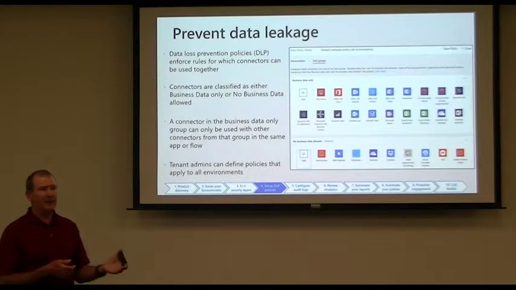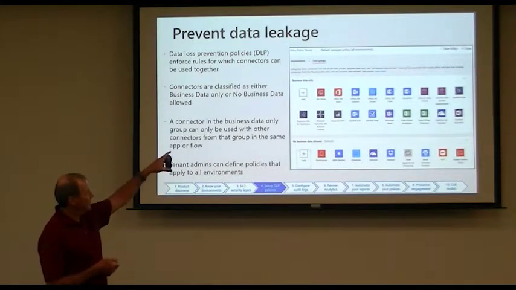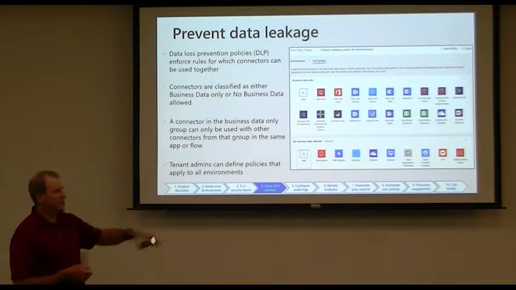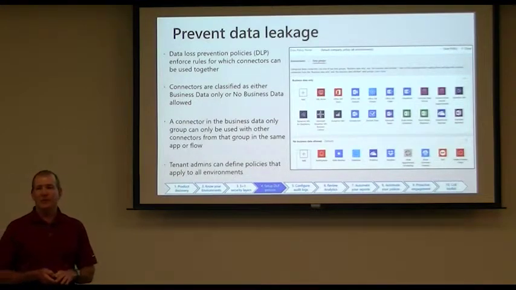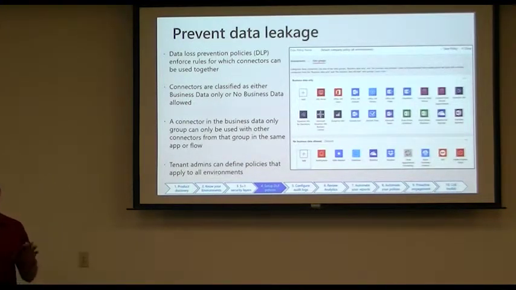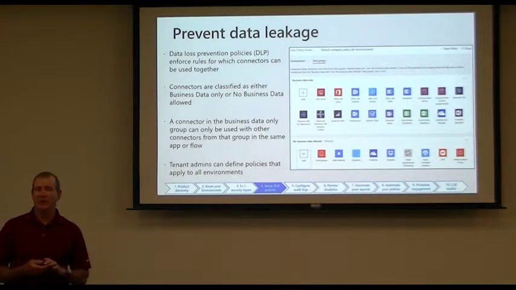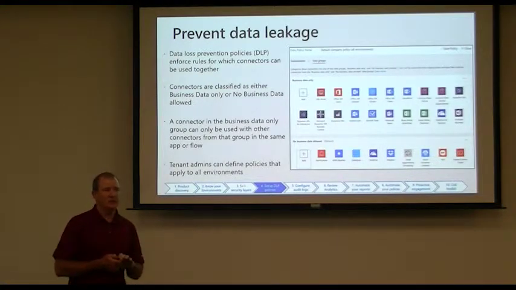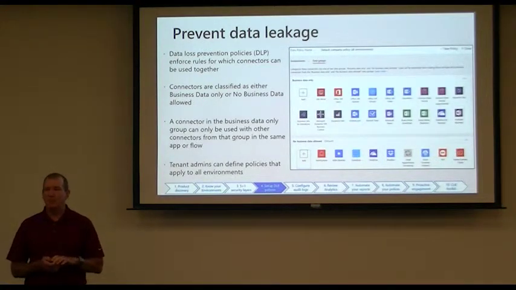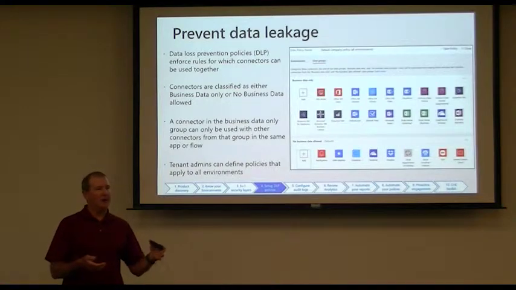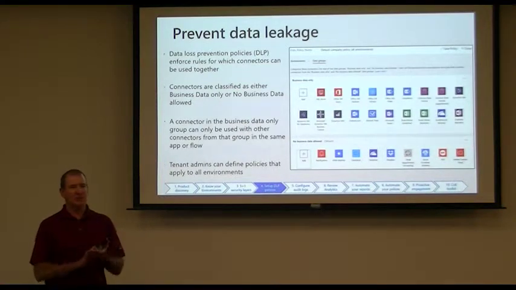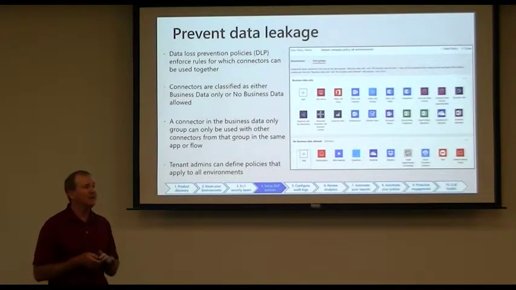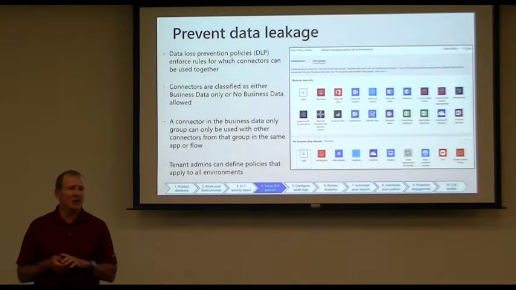So if I create a Power App, in this example, SQL Server cannot communicate with Salesforce. So I can't have any kind of process, either in a flow or in a Power App, where those two connectors commingle data. The concept there is that you don't have the accidental leakage of data where somebody sets up a flow that upon new SharePoint item creation, sends a tweet, right? So you're not accidentally passing data out across the wire.